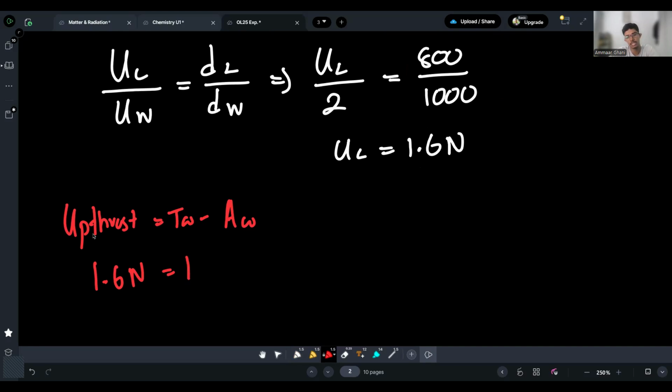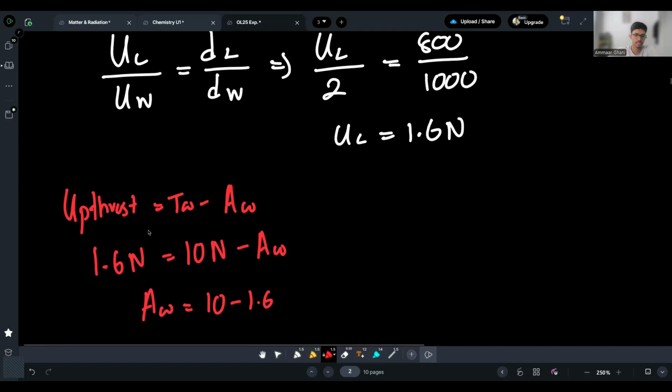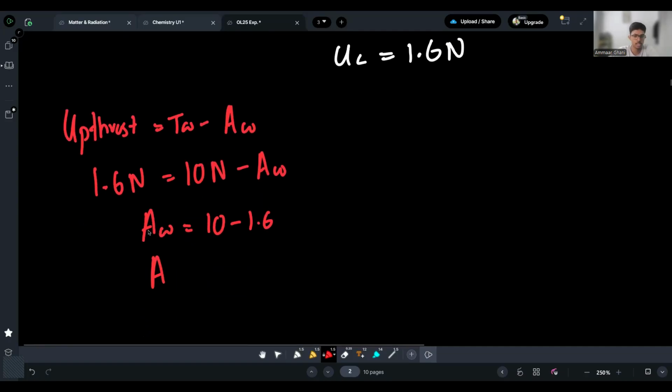You know the true weight, which is 10 Newton. And we had to find the apparent weight. So we can simply find the apparent weight as 10 minus 1.6, which is 8.4 Newton. This is the final answer.